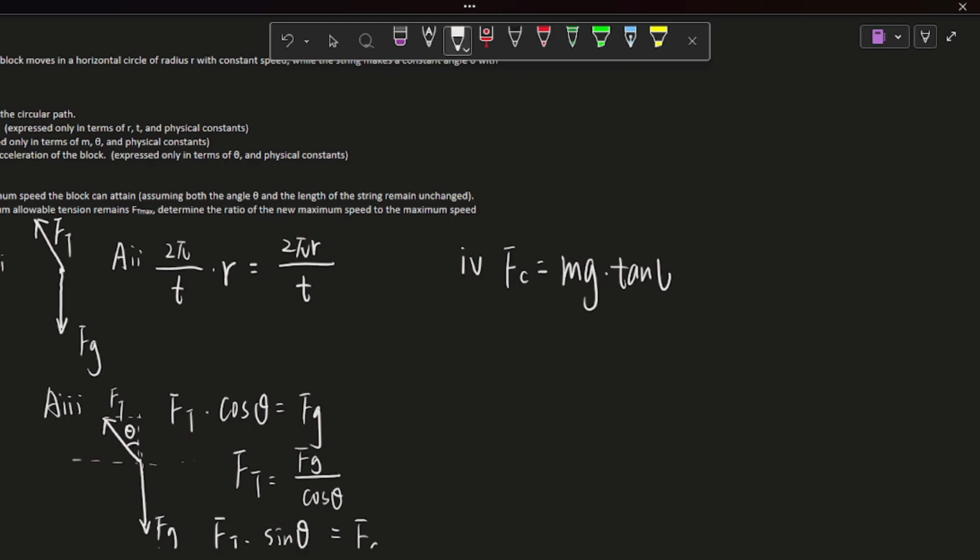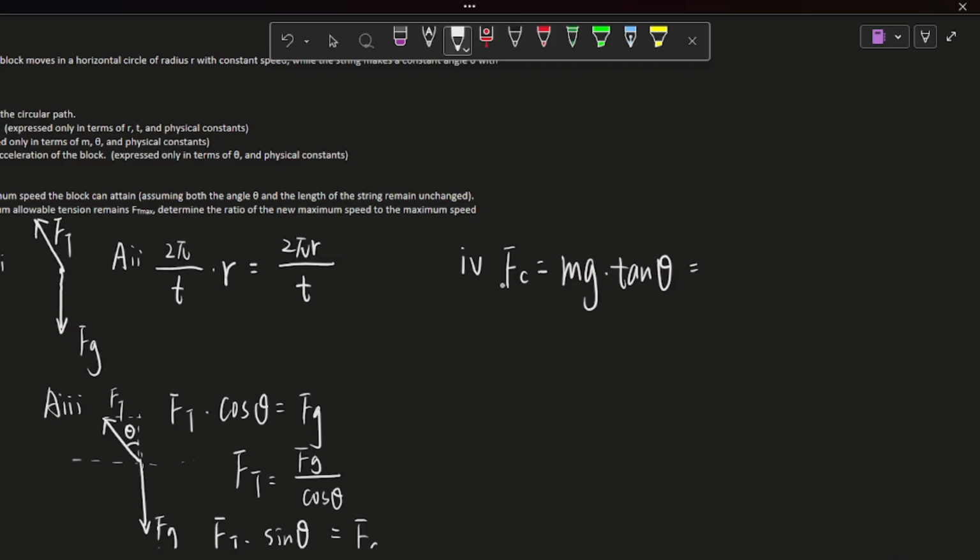Right? And using Newton's second law, F equals m times ac, let's cancel m. So the only thing left is ac will be equal to g tangent theta.